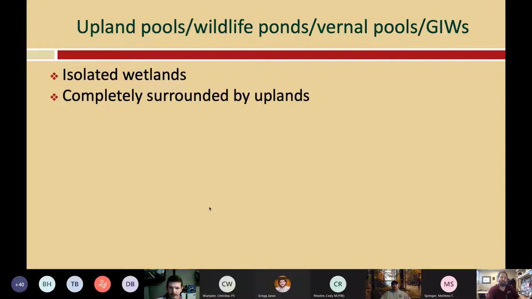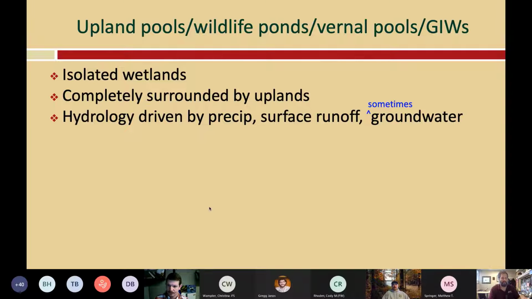It's talking about wetlands that are completely surrounded by uplands, but it's hard to know what geographically isolated even means. They're also not hydrologically isolated. They do sometimes have groundwater. They're connected, although they may not be connected to a stream or river. Their hydrology is driven by rain or precipitation, surface runoff, and sometimes groundwater. So that term, isolated wetlands, is really a misnomer.